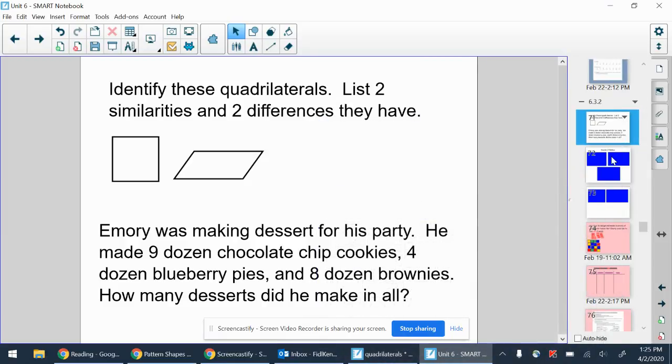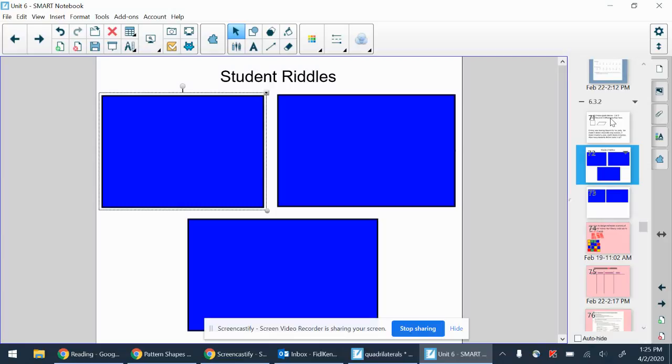So I asked each of the teachers to send me one riddle from their students. So yours may not be in here, but as we continue through the rest of this unit, our morning work, those questions that we answer at the beginning of everyone, we might have a riddle in there. So I have 5 riddles that we're going to go through.